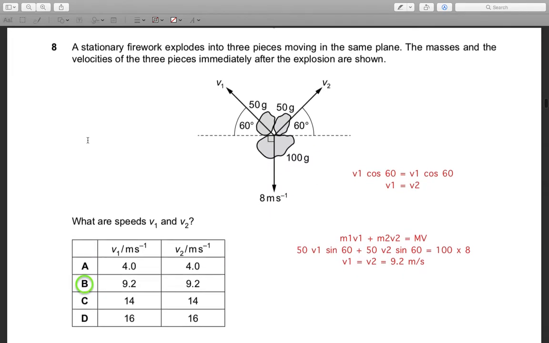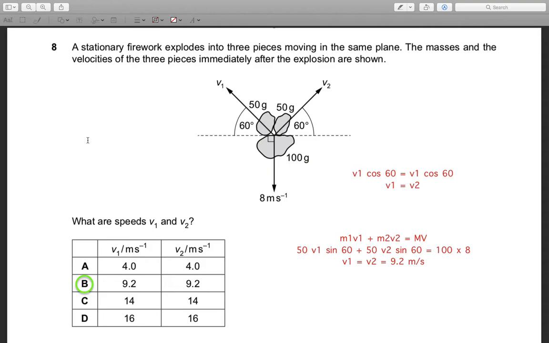Continue to number 8. A stationary firework explodes into three pieces moving in the same plane. The masses and the velocities of the three pieces immediately after the explosion are shown. If we see this, it is one object becoming three objects. V1 is 5 grams and makes an angle with the horizontal plane of 60 degrees.